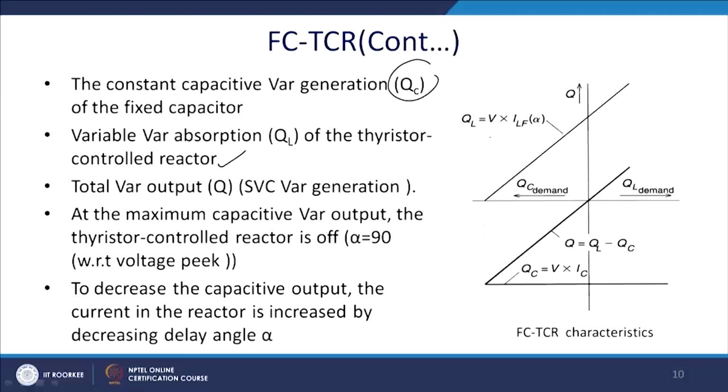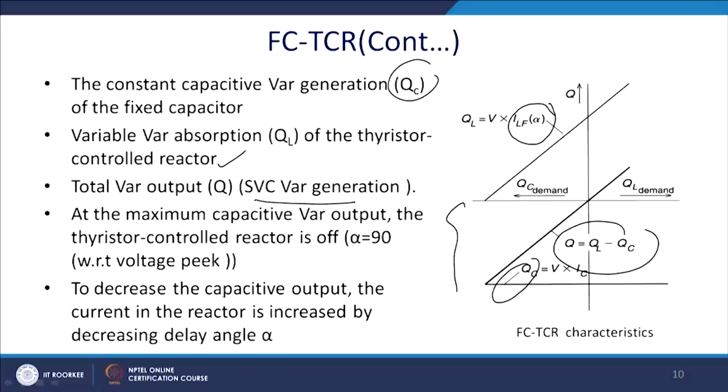So, you have QL, that is V into IL, and ultimately according to this current, the rating of this reactive power compensation will change, and so it will have a variable absorption. Total VAR output, that is Q of the generation, has been shown here. There is Q equal to QL minus QC, where this one is basically the QC. So, it will be shifted.